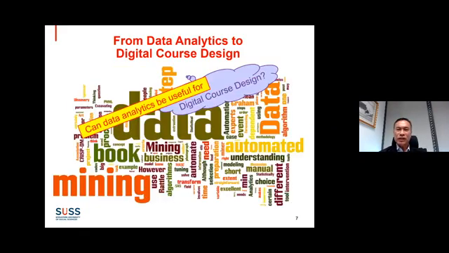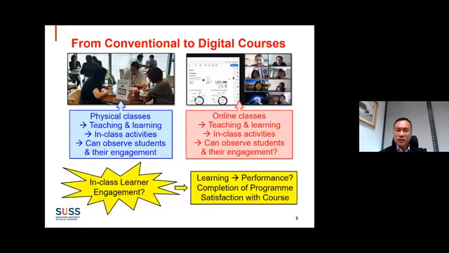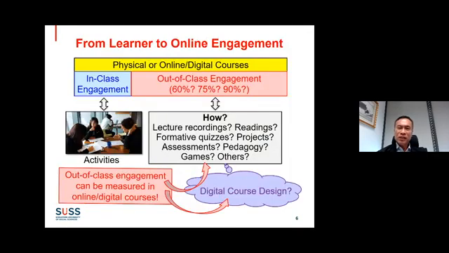So if I go back to the gray box, you see that there are instructional materials, activities, and interactions that we can create in a course. When we bundle the different ways we put all these elements together, we have a particular course design.